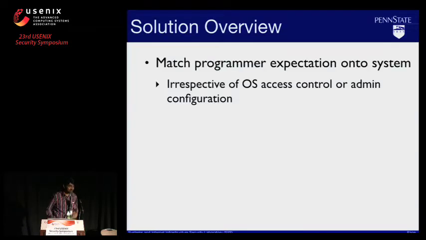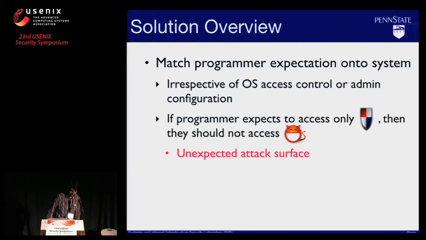So our solution in this work is to somehow match the programmer's expectation onto the system. So whatever be the OS access control policy or the configuration, we want to make sure that the programmer's expectations are obeyed on the system.